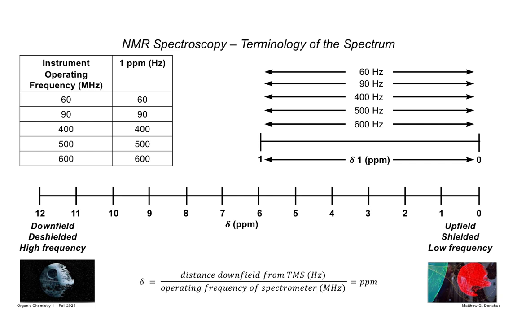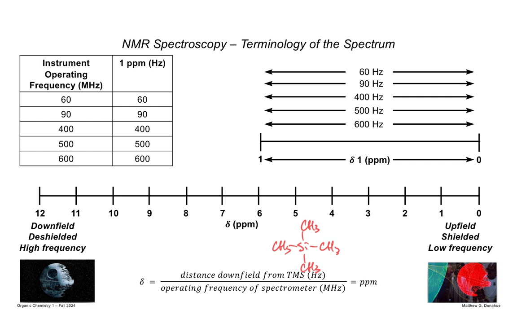So again, we're not going to do too much math in this course with equations at least, but the chemical shift is the distance downfield from tetramethylsilane. So tetramethylsilane is this compound that's added as it calibrates the spectrum to 0 parts per million.